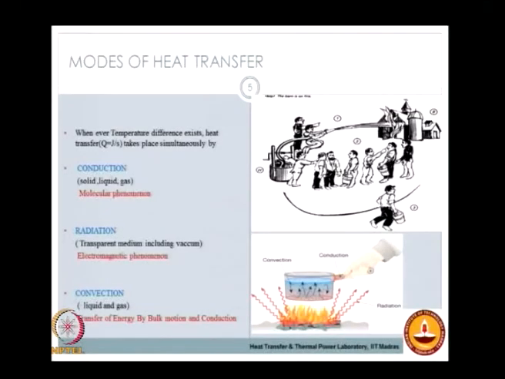Here you can see that there is a barn or a house which is on fire in some countryside where you don't have access to a fire engine very quickly.